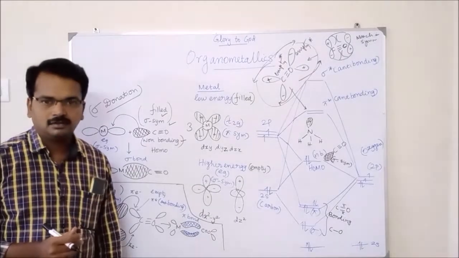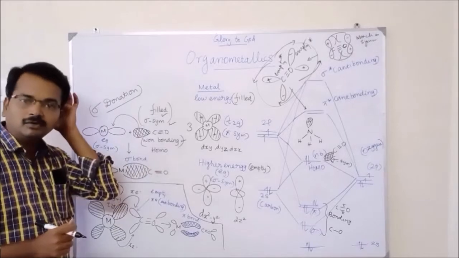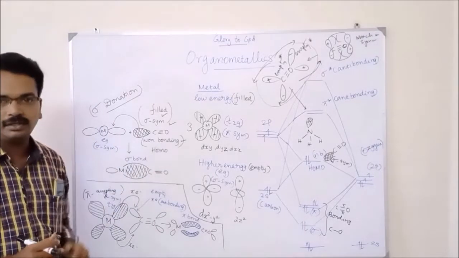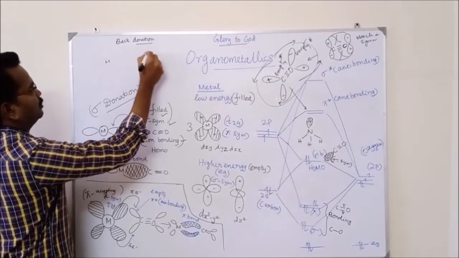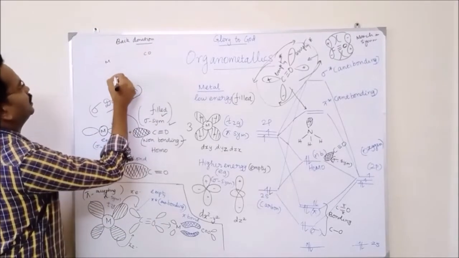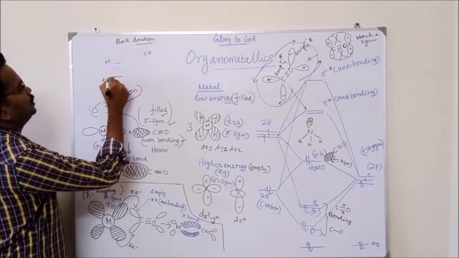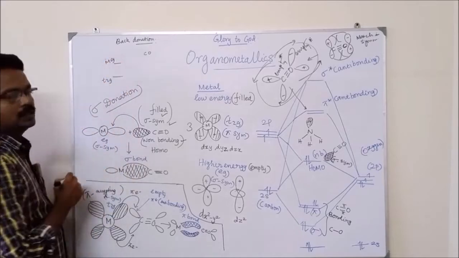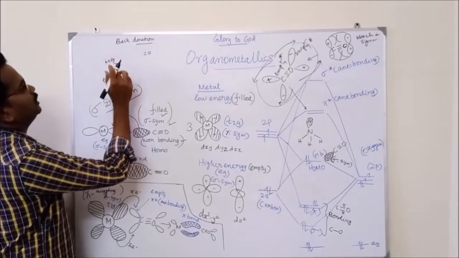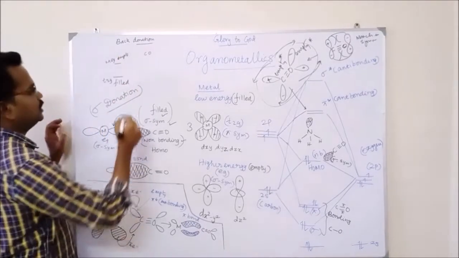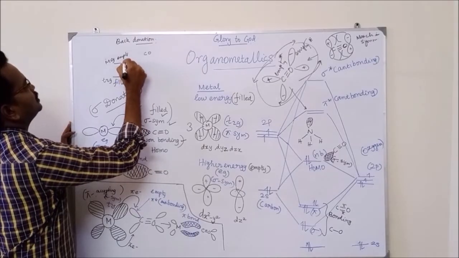Then, my dear friends, you might have heard one word called back donation. Here we are taking the metal and carbonyl. In the metal we have T2G and Eg. T2G is filled while Eg is empty. T2G is pi symmetry while Eg is sigma symmetry.